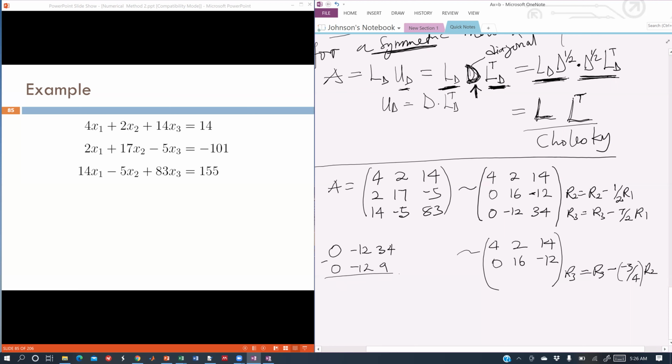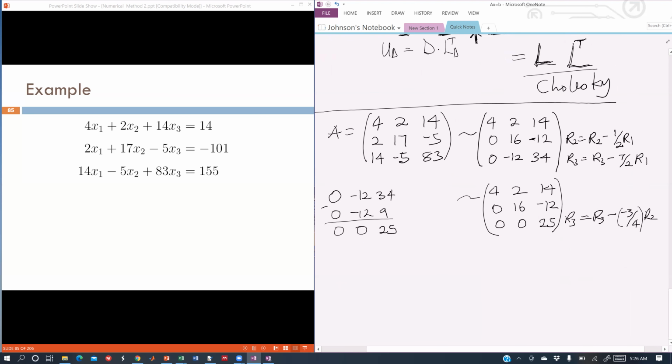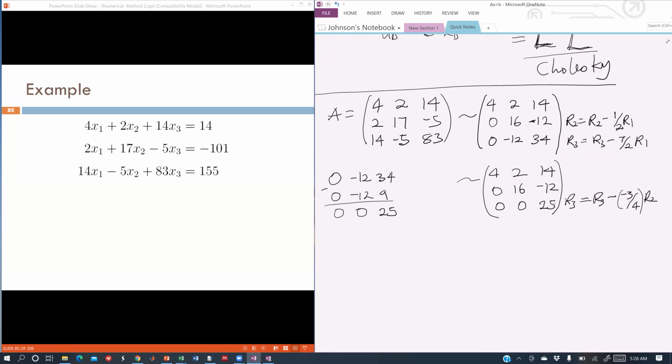And when we subtract, we're going to have 0 here, 0 here, and this will be 25. So we have 0, 0, 25. This is the upper triangular of the Doolittle.